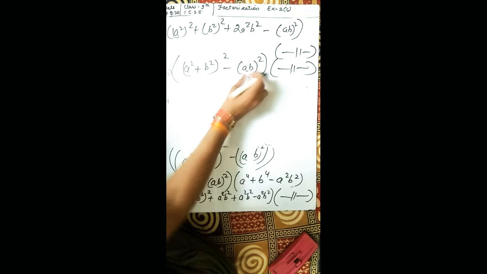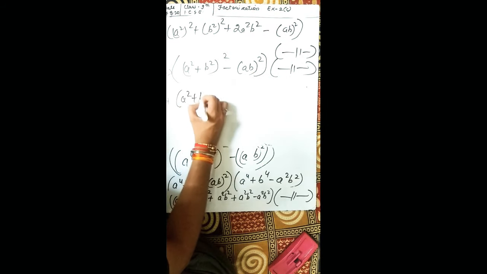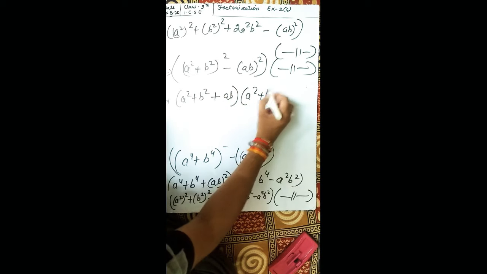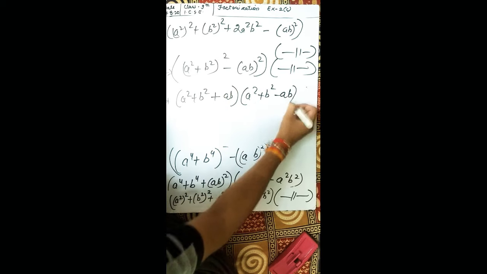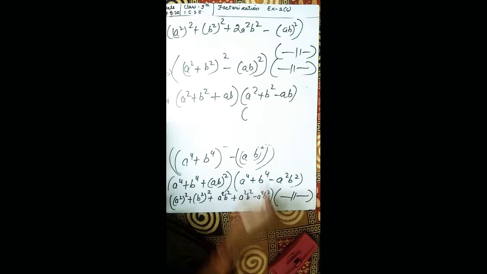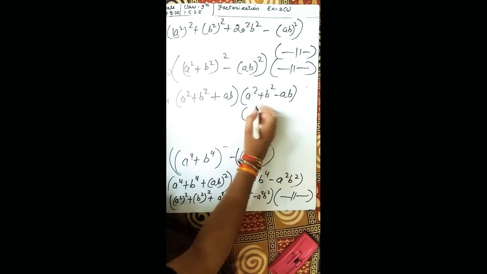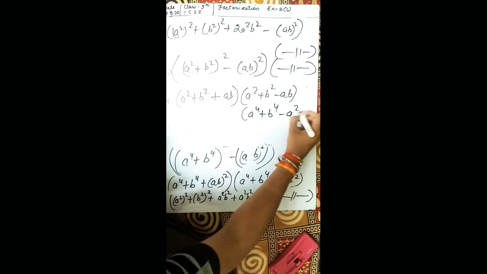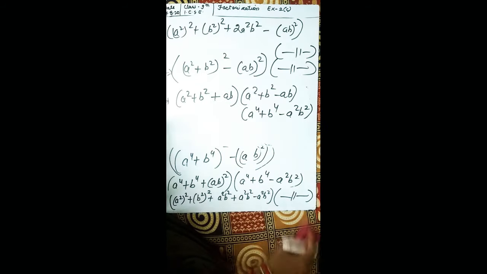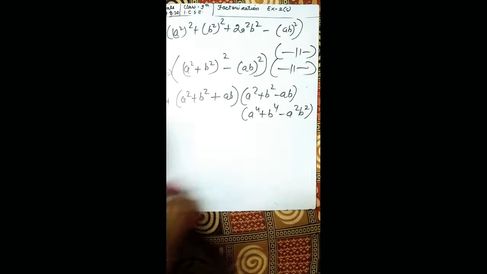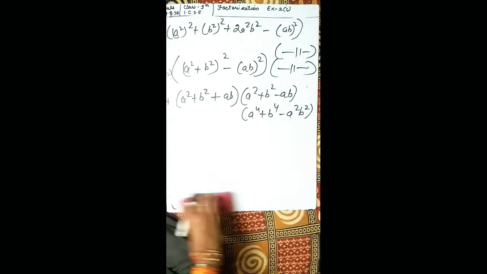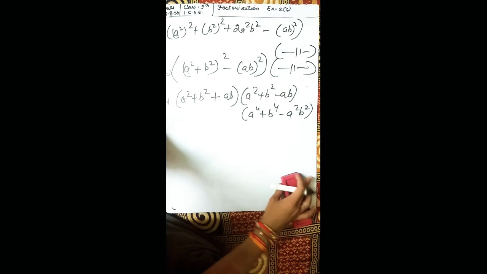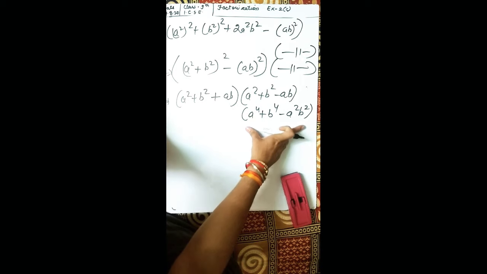Now again, a square minus b square identity, that is a plus b and a minus b, and this bracket as it is. What is this bracket here? So a to the power 4 plus b to the power 4 minus a square b square. So finally, solving that bracket, a to the power 8 plus a to the power 4 b to the power 4 plus b to the power 8, we got these 3 brackets.